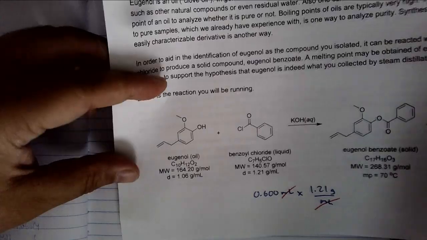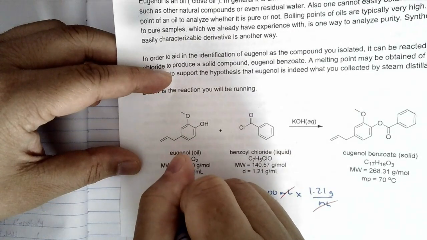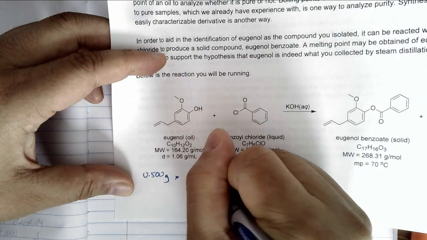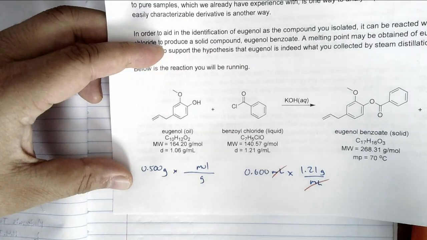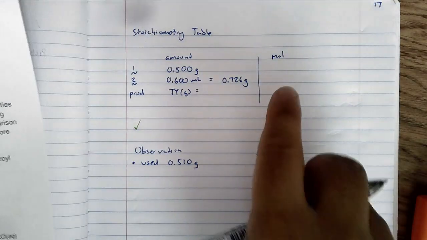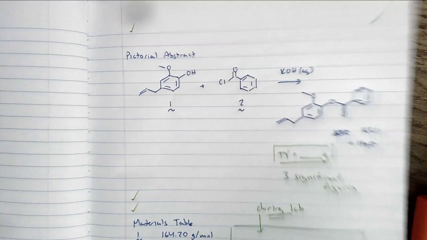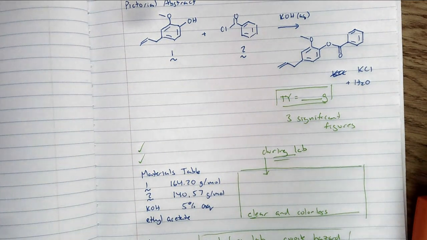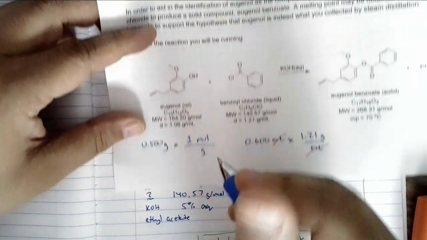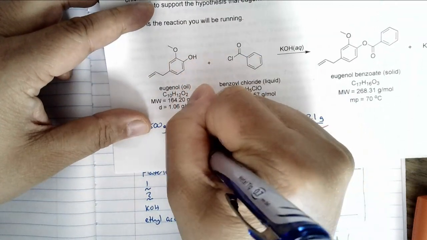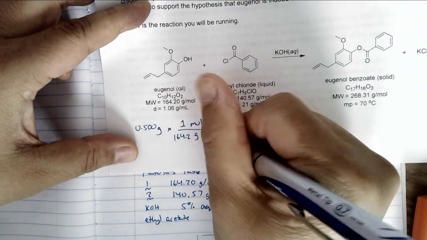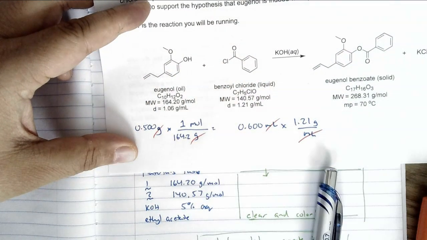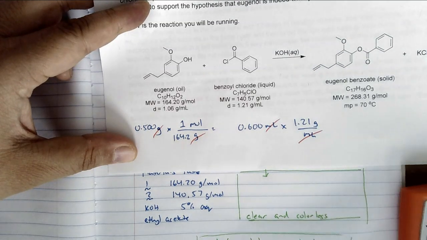So 0.500 grams times, I want moles on top, grams on the bottom. So the molecular weight is 164.20 grams per mole. So we'll put a 1 up here and put the 164.2 down there. You see how we get moles in that case? Because the grams cancel out. So let's do that calculation.